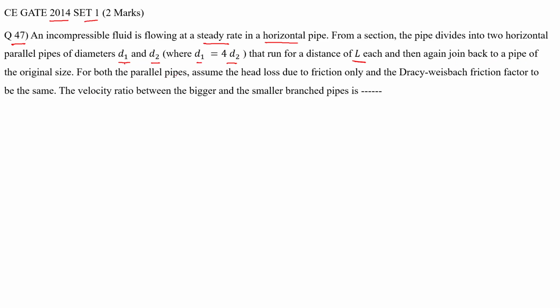For both parallel pipes, assume head loss due to friction only, and the Darcy-Weisbach friction factor to be the same, and compute the velocity ratio between the bigger and the smaller branched pipes. The bigger pipe is pipe 1 and the smaller one is pipe 2. So the question is to compute v1 by v2.